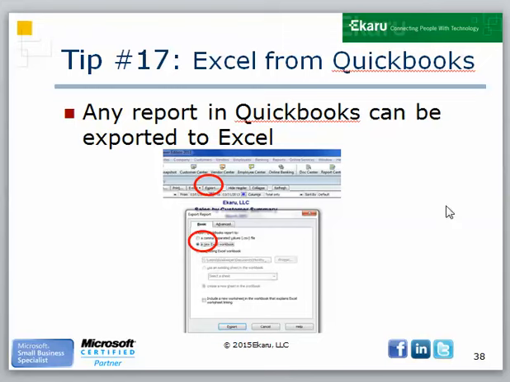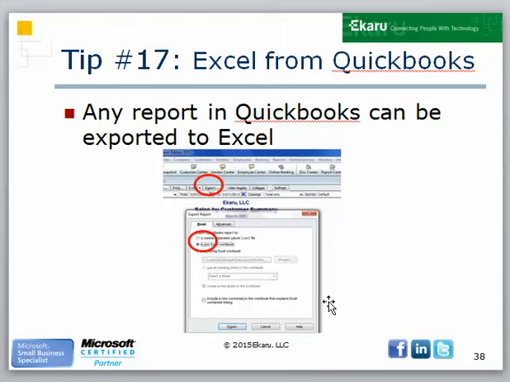And then tip number 17, one of my favorites, is that you can basically extract any report in QuickBooks into Excel. If you're on a report, you can hit export and just create a new workbook. You can give it a name and hit export, and now you can do this with any report that you have in QuickBooks, if you have to do a financial report, board meeting, or a report to your investors or your sales meeting.